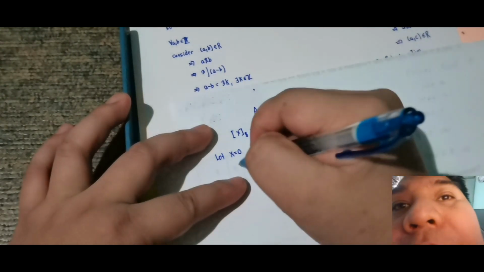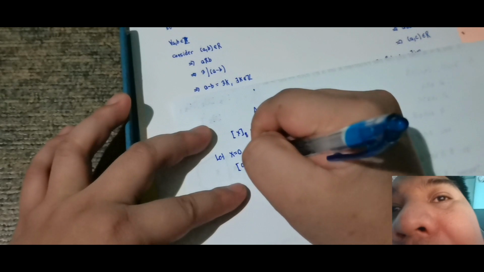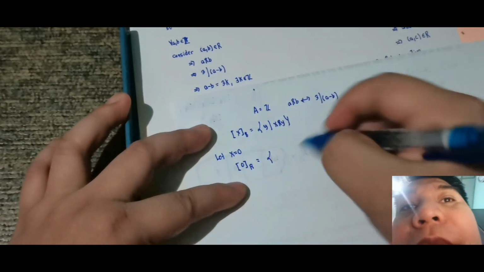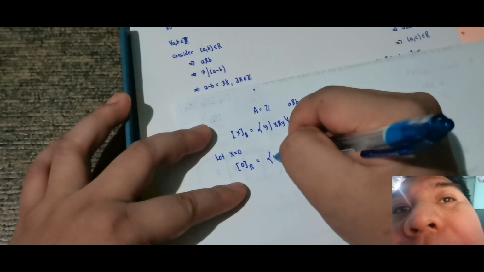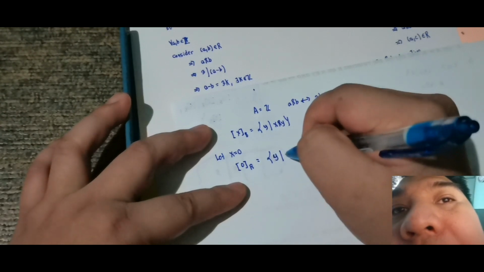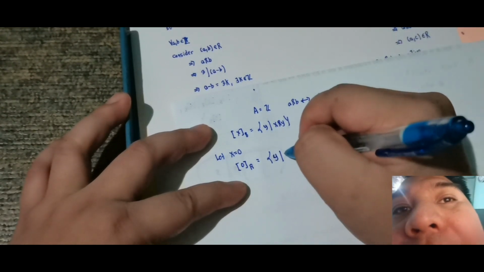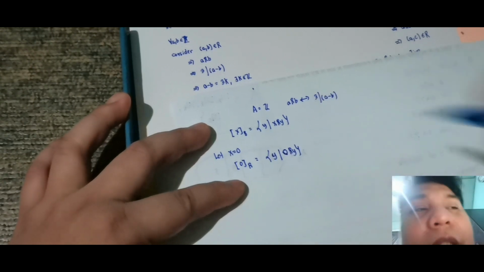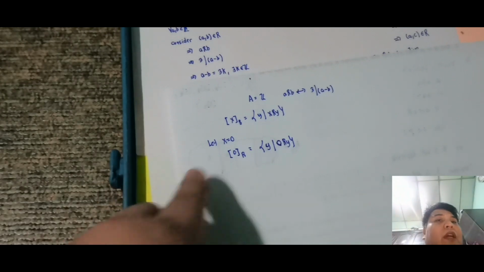Kukunin ko yung distinct equivalence class represented by 0. Sino ba yung mga kasama niya? This implies that it is the set of Y such that 0 is related to Y. Okay, 0 kasi ang pinili ko.